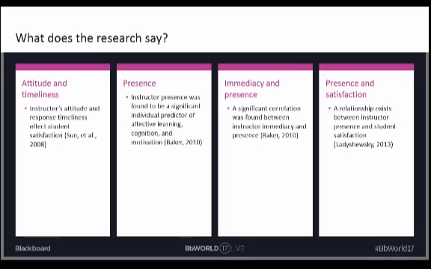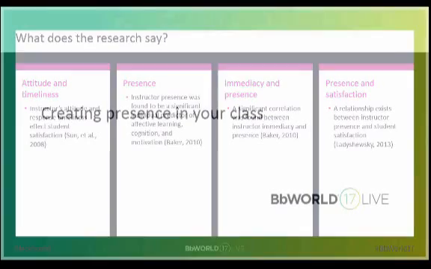And if your attitude is that the class won't be successful, your student reviews at the end will show that the class was not successful. So this research says attitude, timeliness, presence, and immediacy all contribute to two things: satisfaction and achievement. It relates directly to both of those.